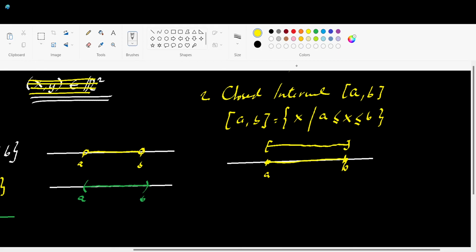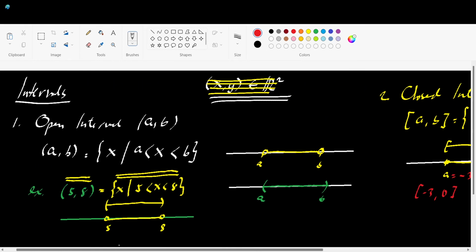So if we indicate some numbers here, -3 and 0, we write the interval as [-3, 0]. So it is called a closed interval.